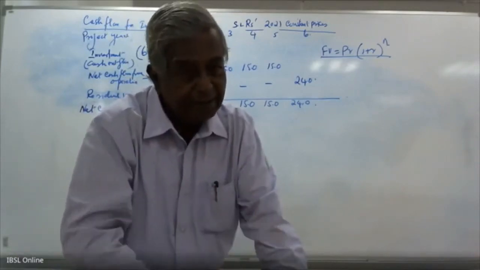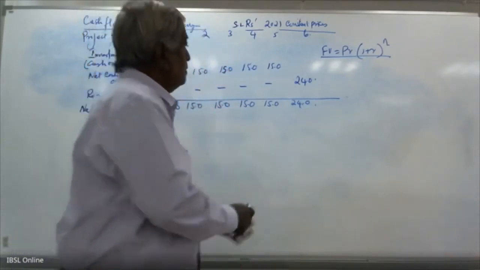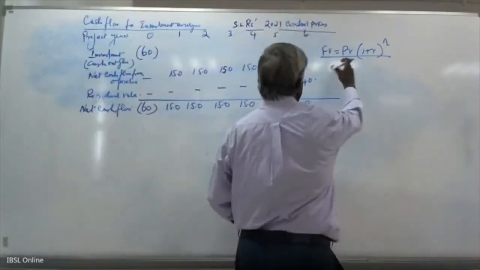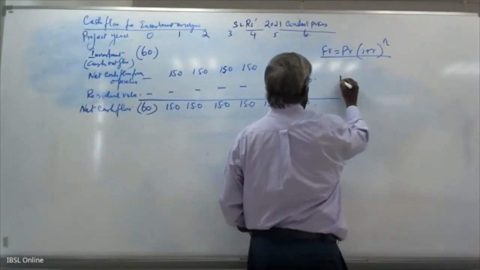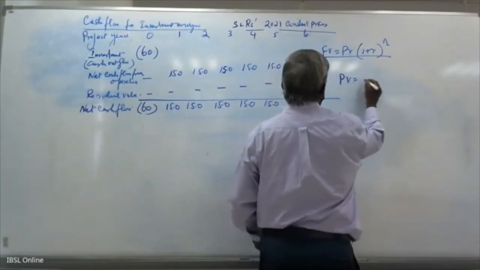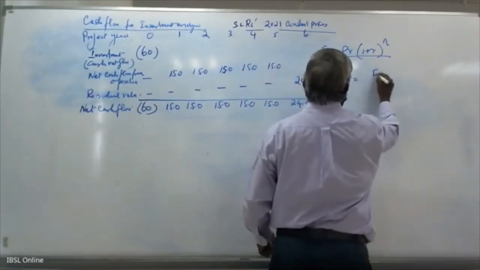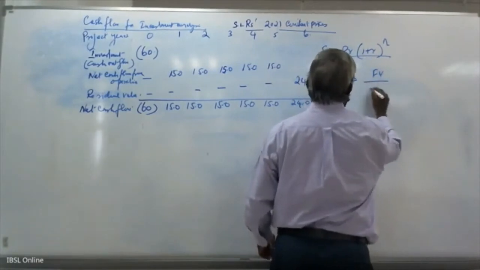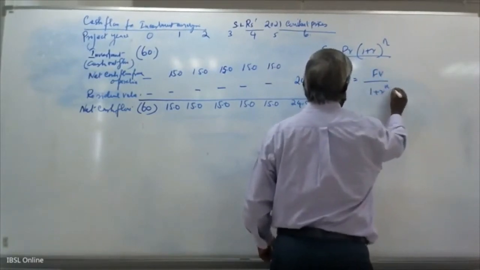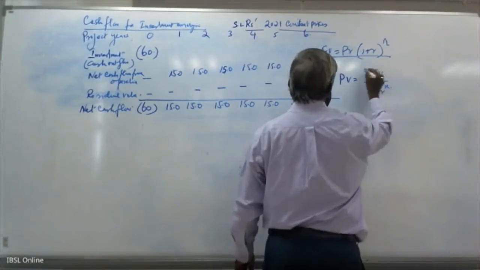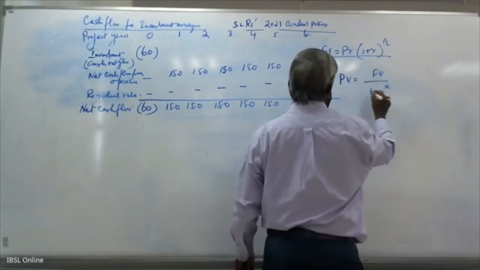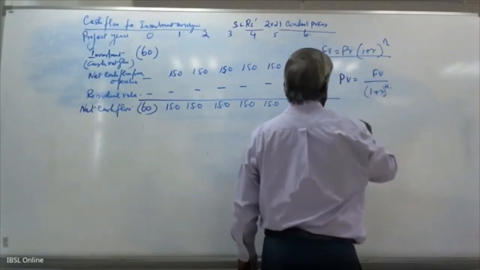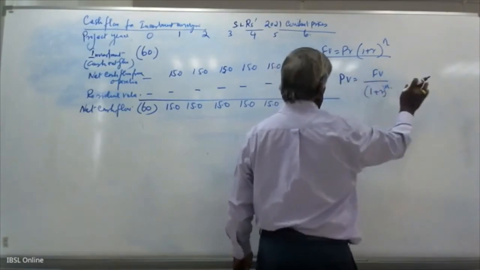That is the discounting factor. So from here, we develop the discounting formula: PV is equal to FV divided by (1 plus R) to the power n. This is the discounting formula.